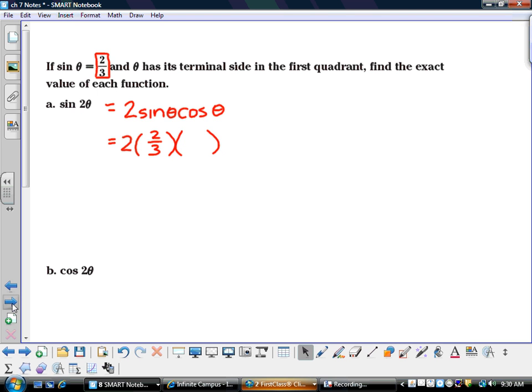We need to figure out the cosine of theta. So to figure it out, I'm going to use this given information to draw a triangle. That triangle has an opposite over hypotenuse of 2/3. Use the Pythagorean theorem to solve for that last side.